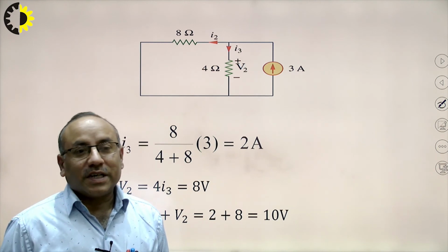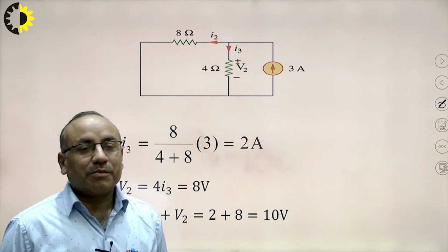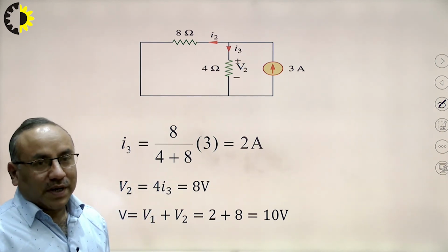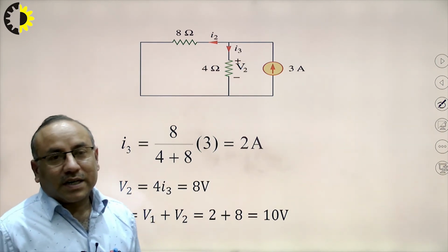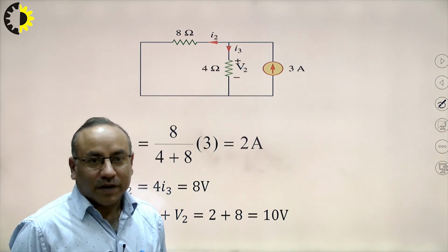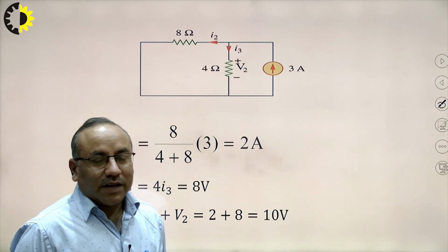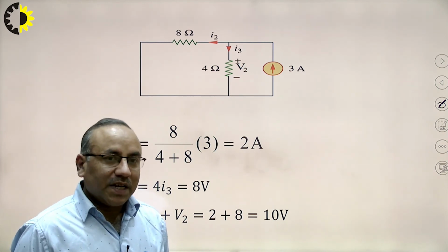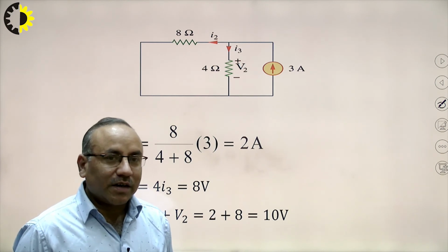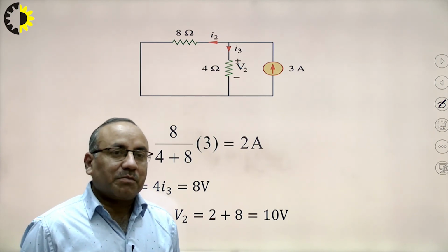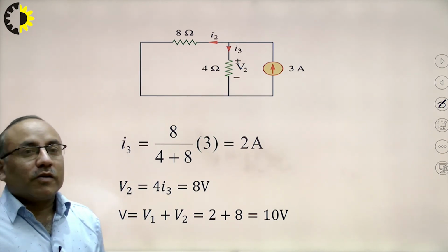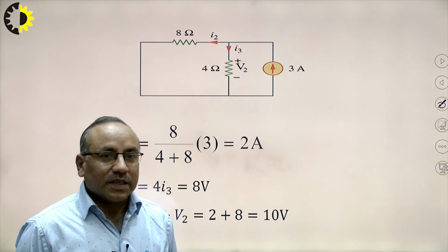So I3 equals 8 into 3 upon 4 plus 8, and this comes out as 2 ampere. As per the circuit arrangement, this current I3 will be going vertically downward, and due to this a voltage drop V2 takes place across the 4 ohm resistance with the polarity shown in the diagram: the plus terminal will be the upper terminal of the 4 ohm and the negative terminal will be the lower terminal of the 4 ohm in this circuit.